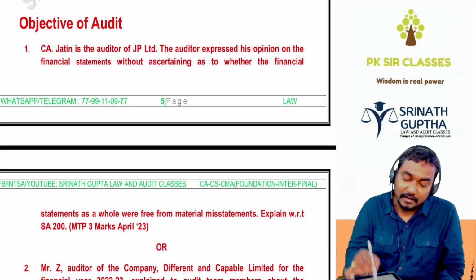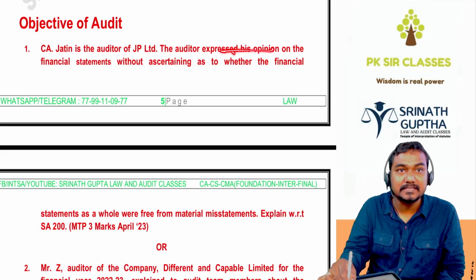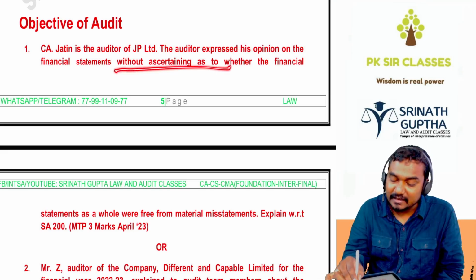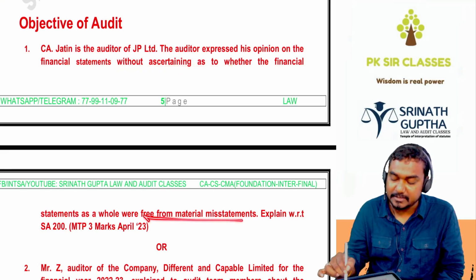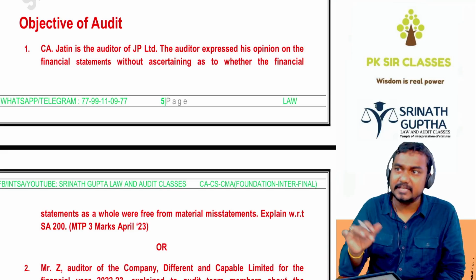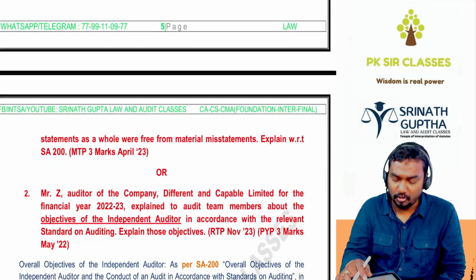No. But here, look, Mr. Jatin is giving the audit report on the financials without ascertaining whether the financial statements as a whole are free from material misstatements. Whether we have to verify or not, whether misstatements are there or not, he did not verify, he is not doing his work properly.